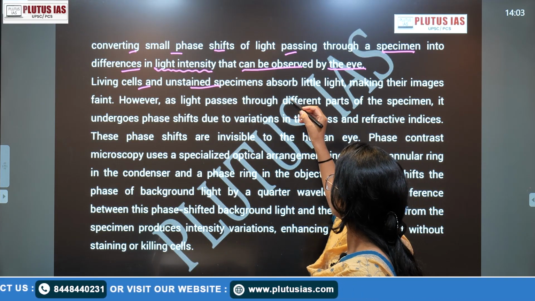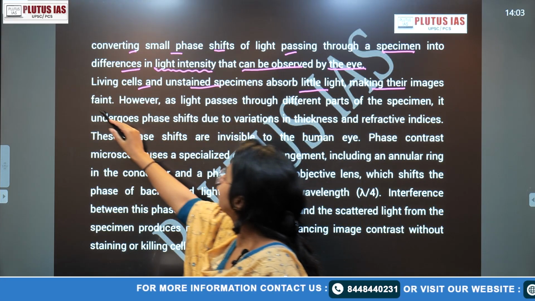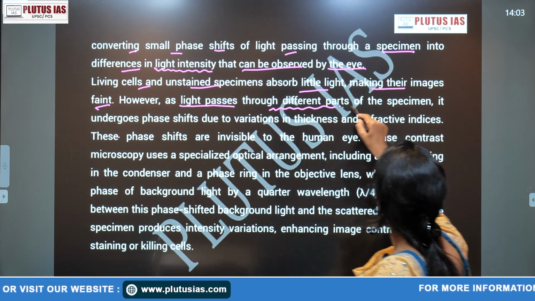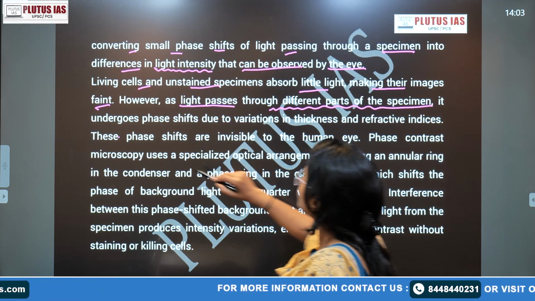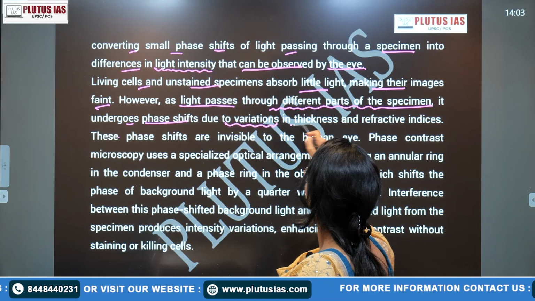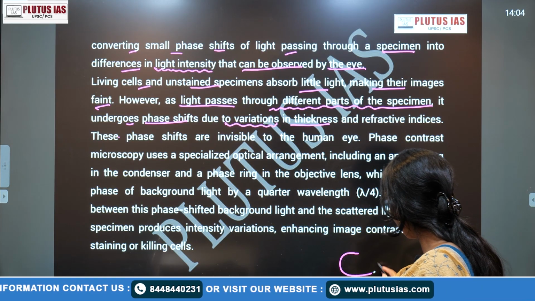The living cell and unstained specimen absorb little light, making their images faint. However, as light passes through the different parts of the specimen, it undergoes phase shifts due to the variation in thickness. Suppose, just to make you guys understand, that this is your cell.